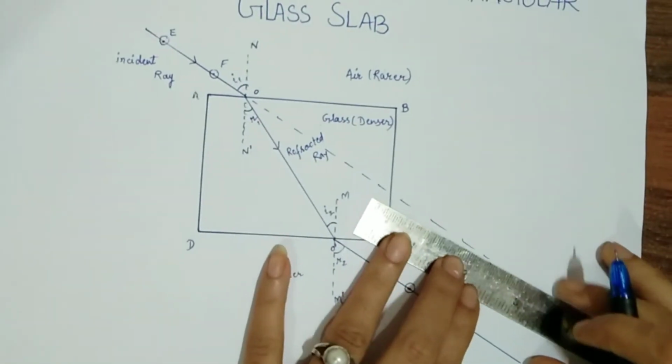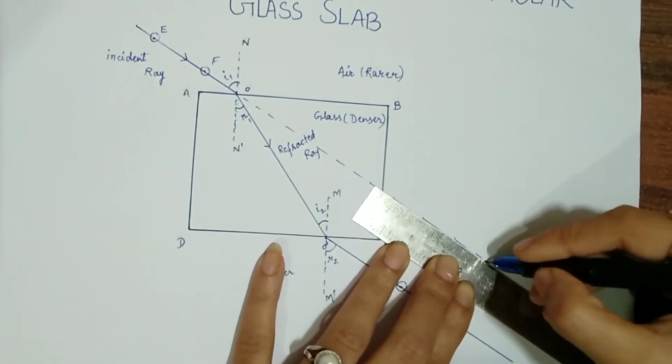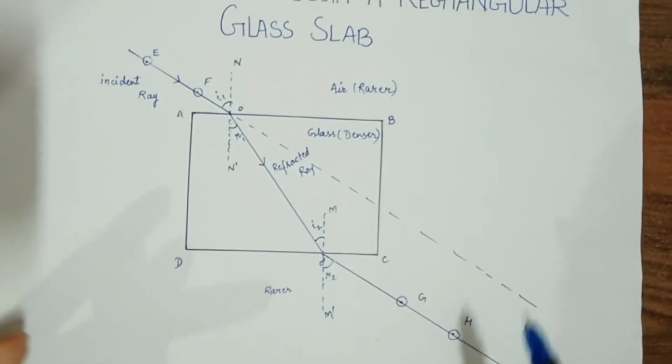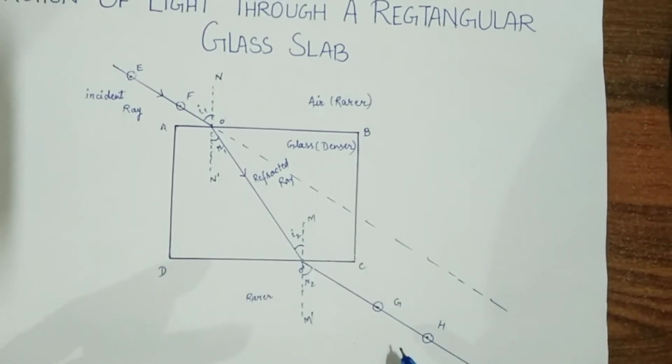So you will extend this in the dotted line, and then you can see this incident ray and this emergent ray.